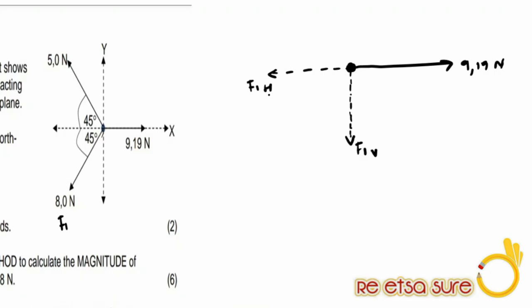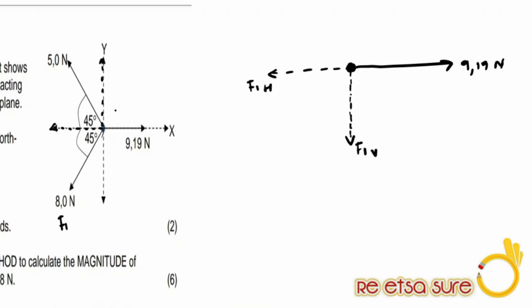Secondly, I am given this force, which is equivalent to 5,0 Newton. But this force is not drawn on the y-axis or the x-axis. So now let me resolve this one into components. For the fact that it is drawn in this direction, the horizontal component of it is going to face this way, and then the vertical component of it is going to face upwards.